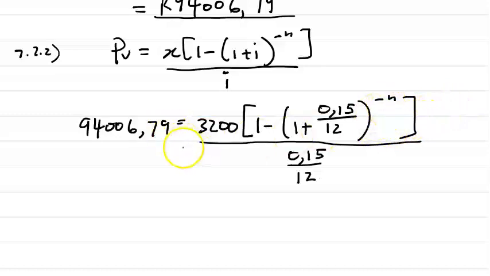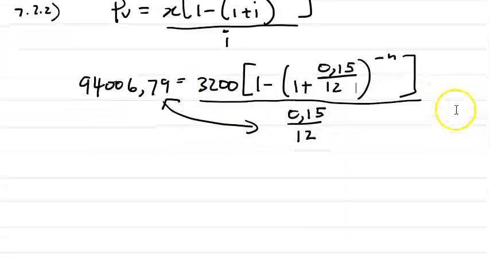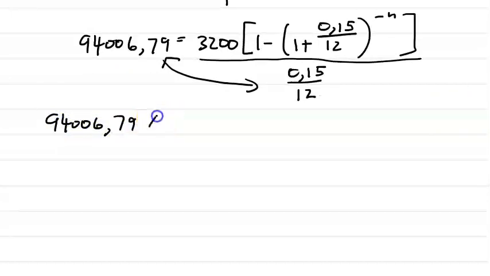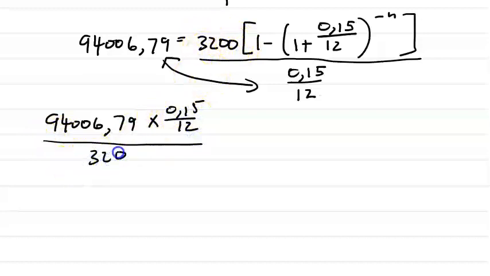In solving for n, remember once again, we're going to cross multiply and make n the subject of our equation. So here we've got 94,006 rand and 79 cents times 0.15 over 12. Now we're going to divide it by this 3,200 here, and this 1 we're going to bring over to this side, so it becomes minus 1, equals.